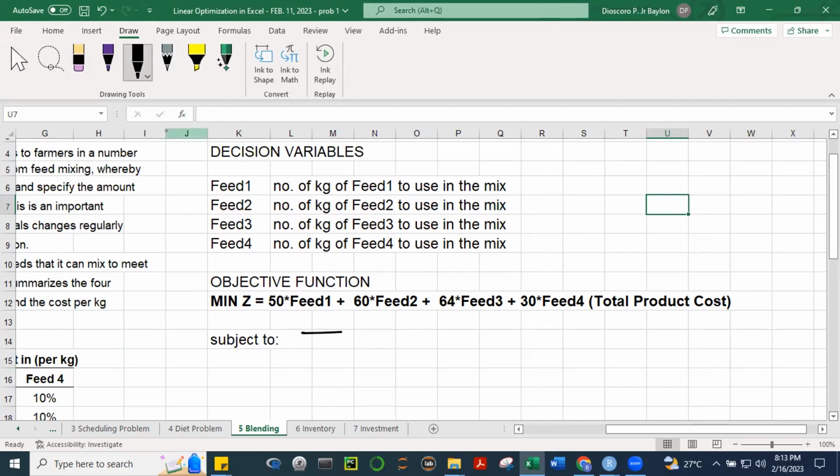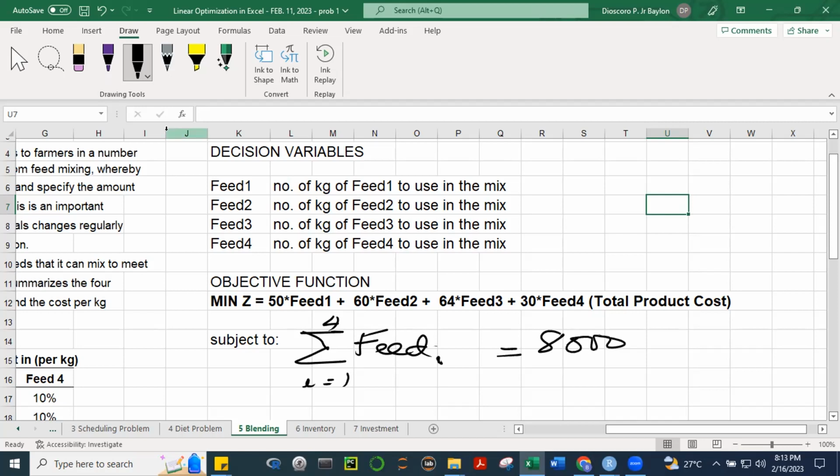Okay, just the sum of our feeds, feed sub i, of course, feed sub i ranges from 1 up to, we have 4 feeds, right? The sum of them should be equal to 8,000.